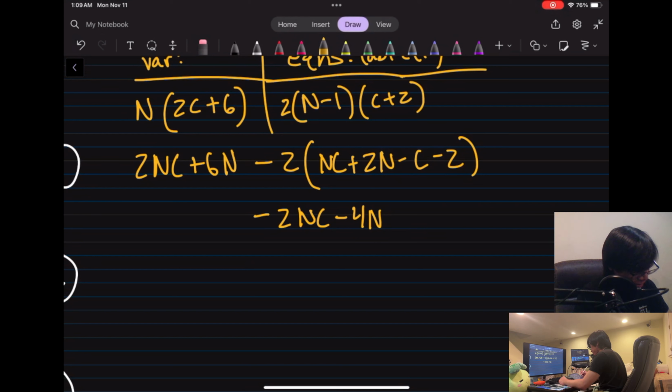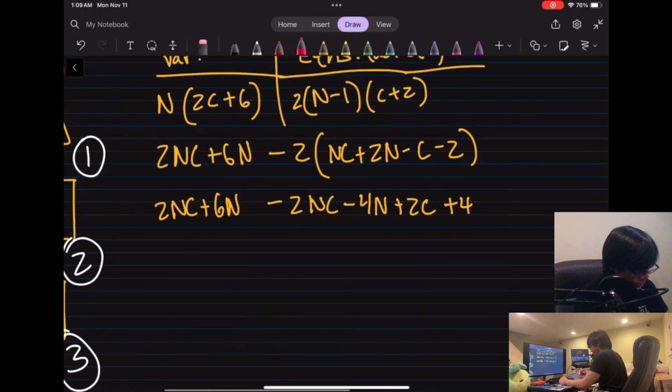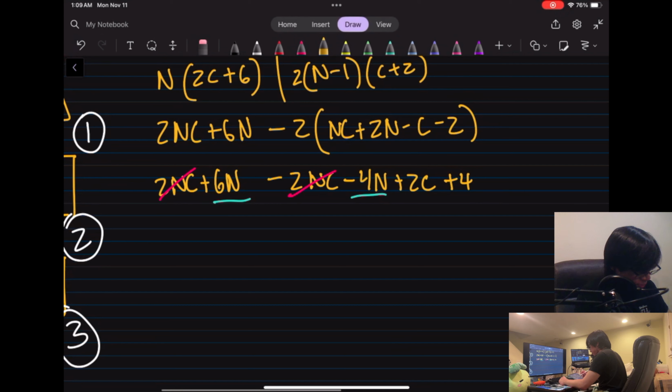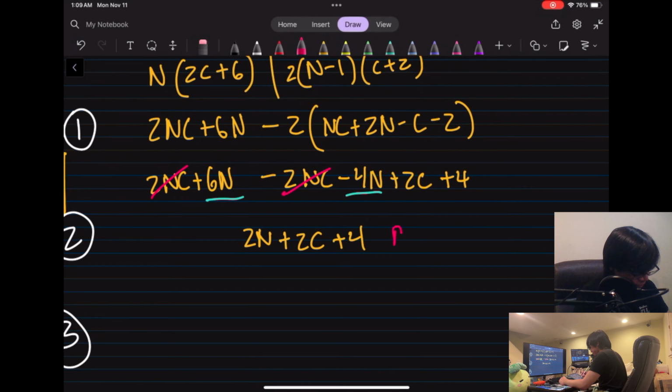Rewrite left-hand side, and cross out what we don't need. So that cancels out, these subtract, so it becomes 2n plus 2C plus 4 degrees of freedom. So let's check that out if that's right.